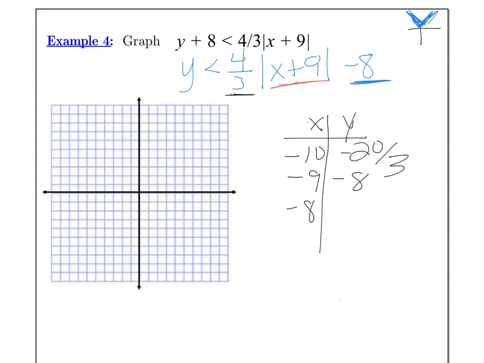And we just found out that 4/3 minus 8 is negative 20/3. Okay, so now we're going to graph this. So I'm going to go to negative 10, negative 20/3. So I have to remember that negative 20/3 is negative 6 2/3.